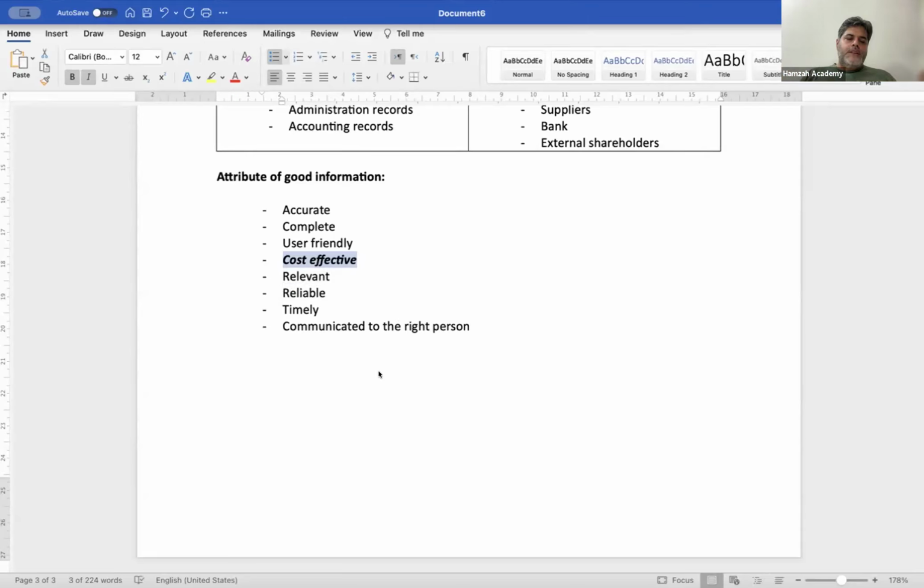You have to ensure at the end of the day that the information is communicated to the right person, because only then will that person be able to act accordingly, or act in the best favor of whom the information has been provided for. But if it's not communicated to the right person, then what's the point of having the information overall, right? So this is what we have over here.